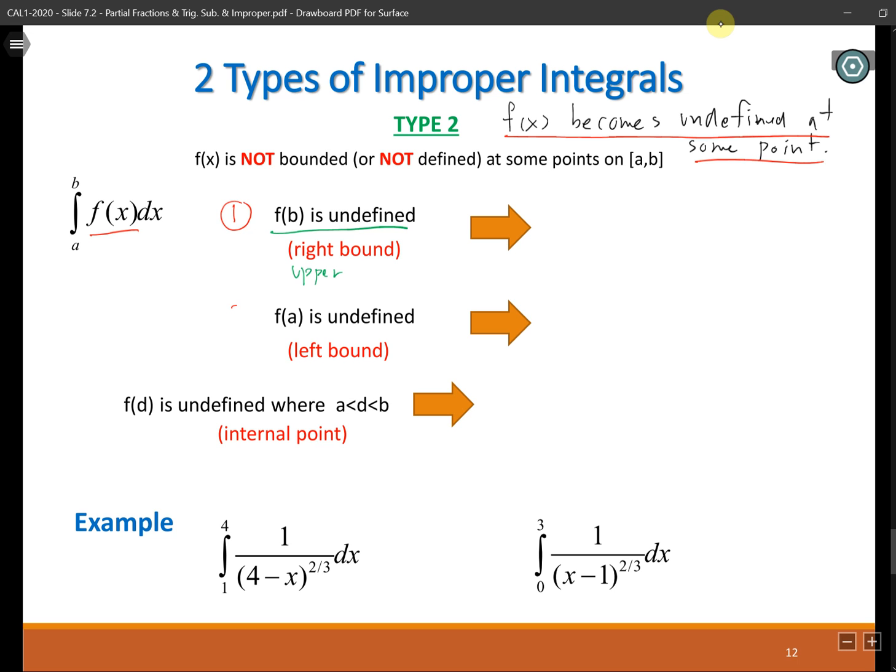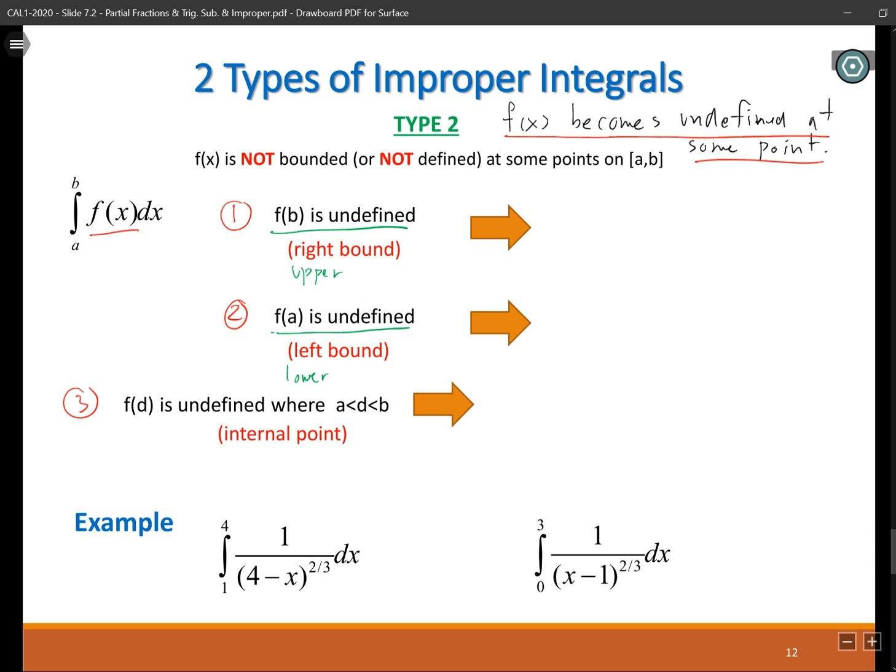Scenario 2, f becomes undefined at the lower bound, or at a. Lower bound, okay, and scenario 3, f becomes undefined at some point between a and b. Right?